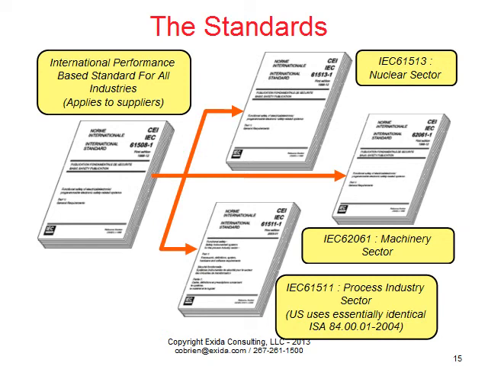So the overriding standard is IEC 61508, and the derivative standard for the process industry is IEC 61511, or in the U.S. it's ISA S84, but they're the same standard.